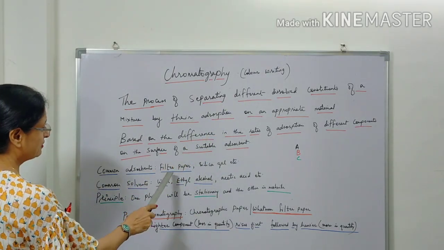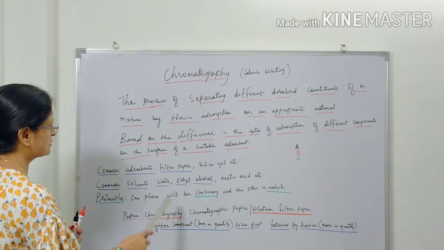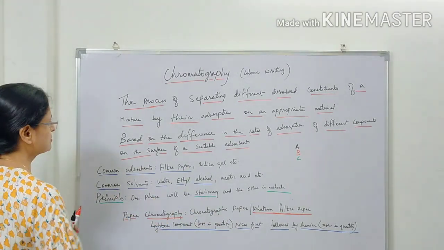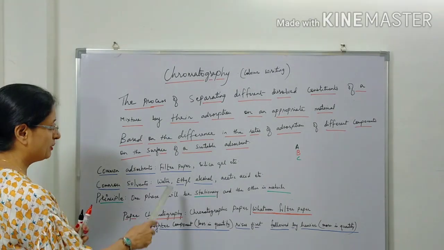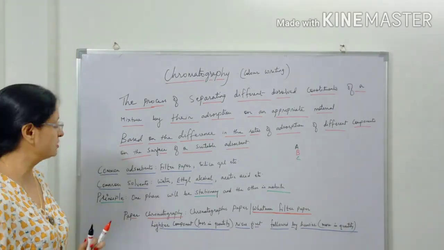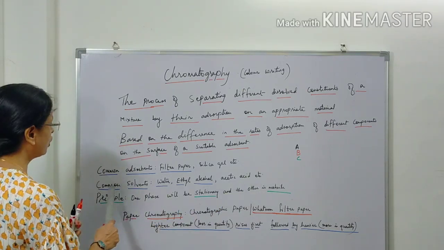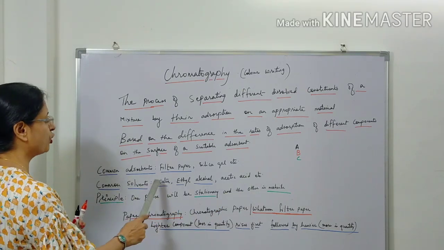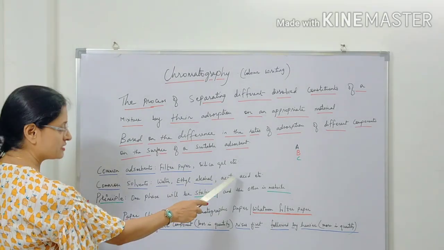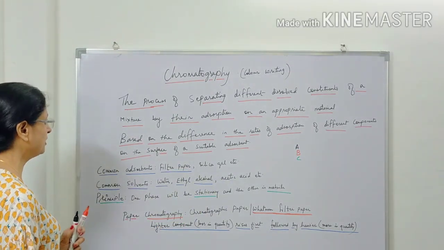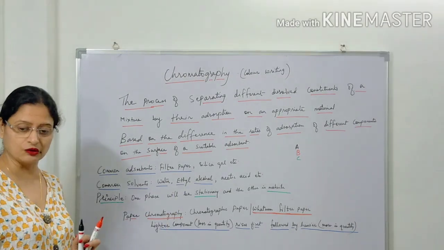I will underline this filter paper because usually we use this filter paper or the Whatman filter paper. We rarely use silica gel. I remember when I was a student, I carried out this experiment using Whatman filter paper. The common solvents that we use are water and ethyl alcohol. Acetic acid also can be used, but these are the two common solvents. When I did the experiment, I used ethyl alcohol.